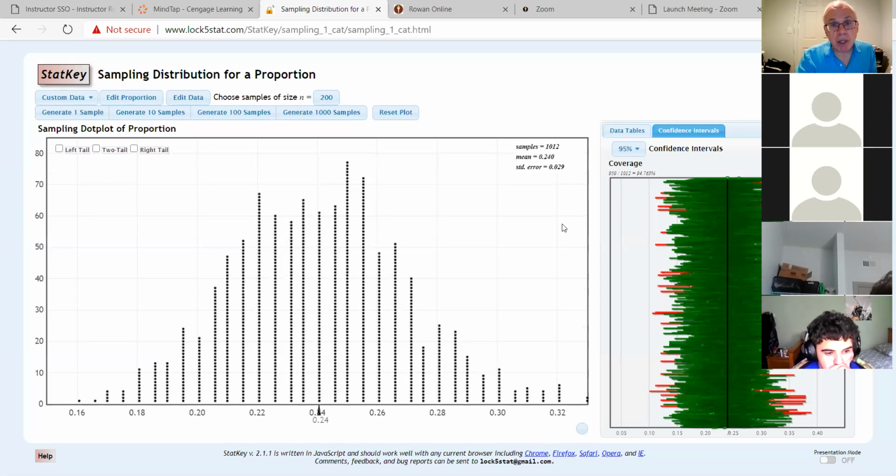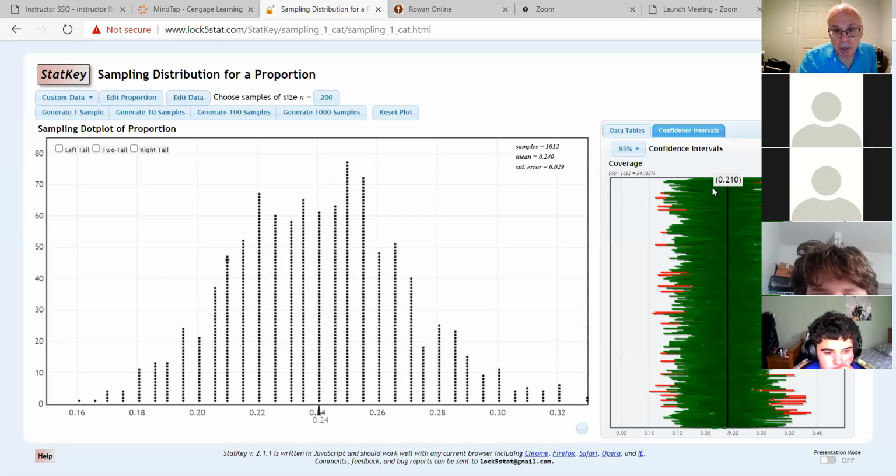So when we say I want to create a 95% confidence interval, what I'm basically saying is, I am betting when I create the interval that it will be one of the green ones and not one of the red ones. In other words, it's one of these 959 green ones, and not one of the 53 red ones.